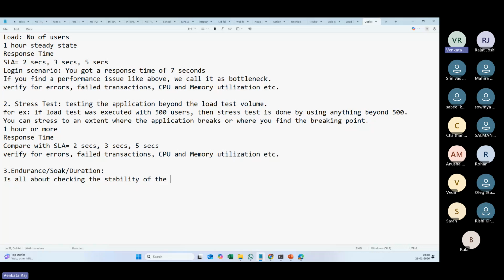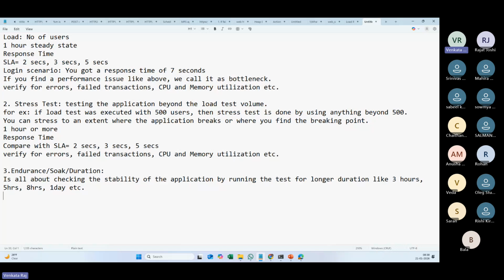So endurance test is all about checking the stability of the application by running the test for a longer duration, like 3 hours, 5 hours, 8 hours, 1 day, etc. Now why should we run a test for such a long duration? Because we should also check the stability of the application. What do you mean by stability?